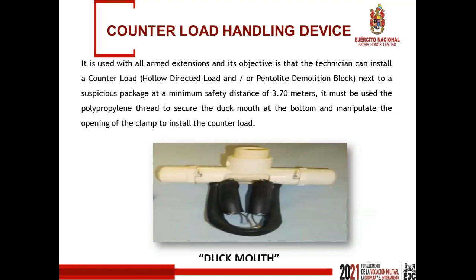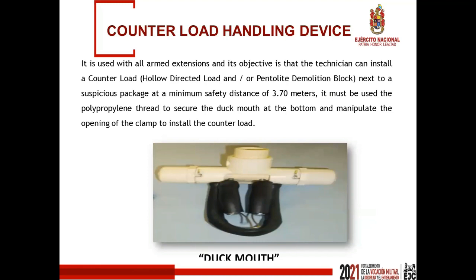Counterload handling device. This element is used with all armed extensions, and its objective is that the technician can install a counterload, hollow directed load, or pentolite demolition block next to a suspicious package at a minimum safety distance of 70 meters.